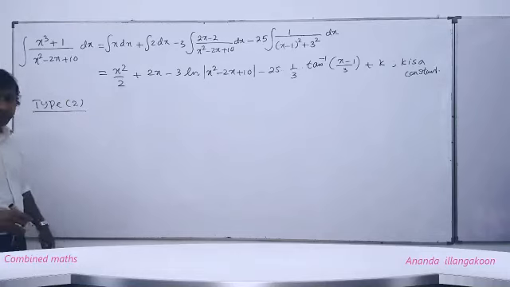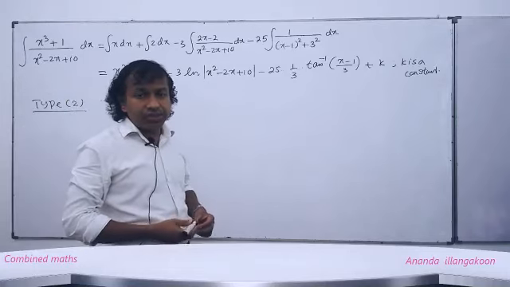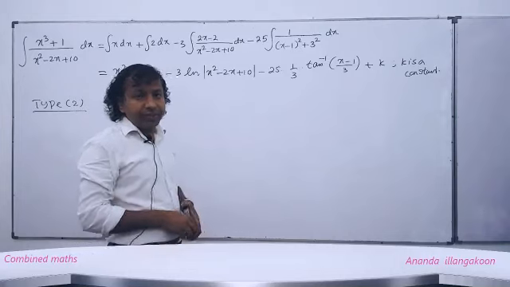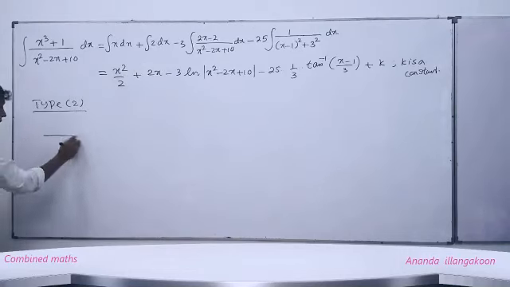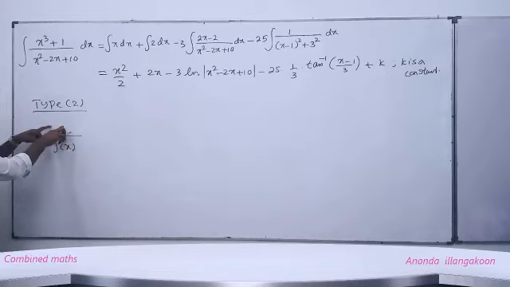Under this type 2, people, we are supposed to discuss integrands of this form. In the denominator, we have a function in x. In the numerator, we have exactly the derivative of this, f dash x.